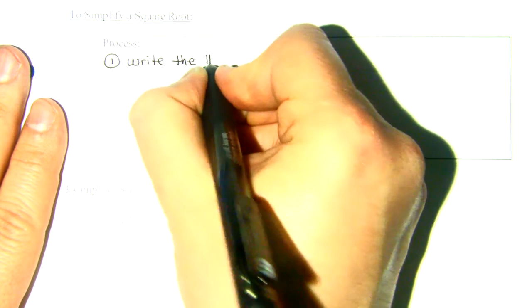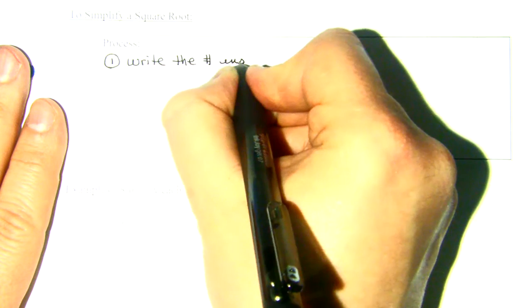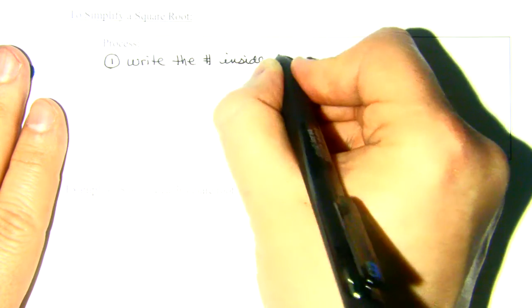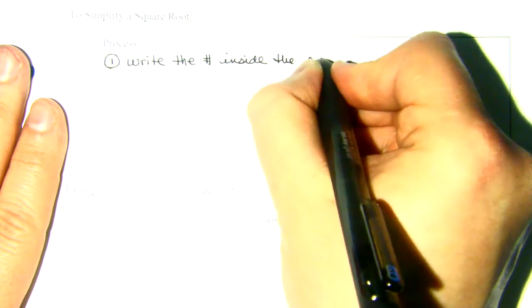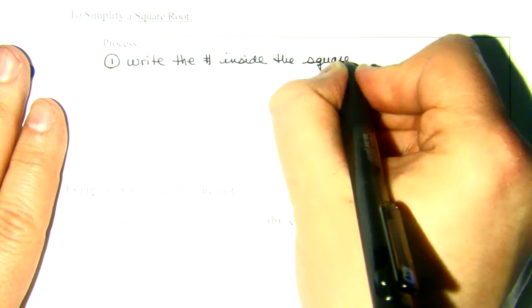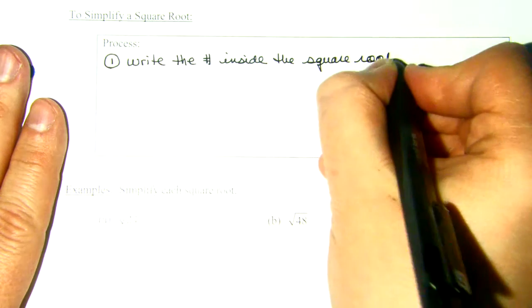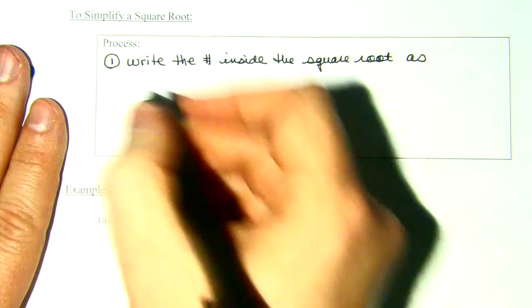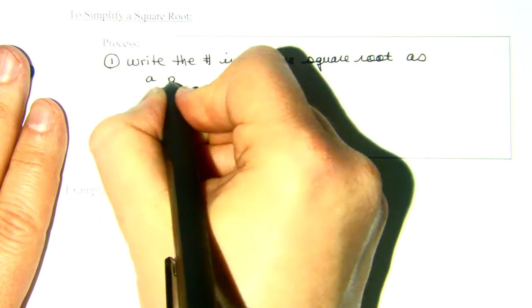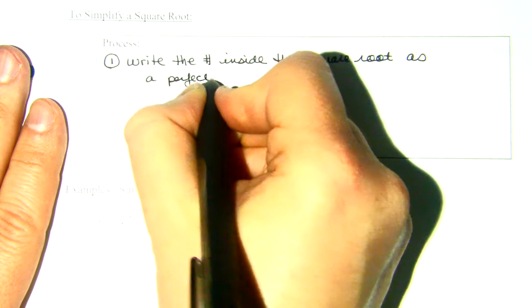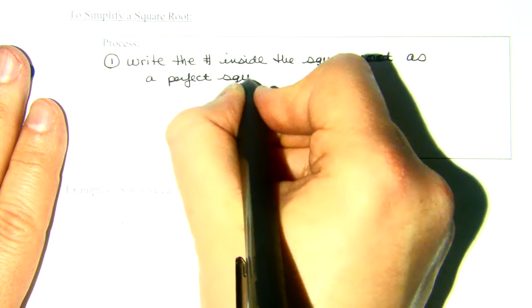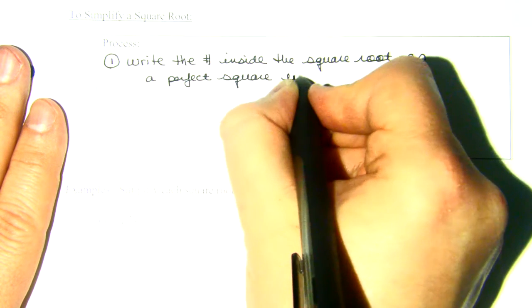Step number 1, write the number inside the square root as a perfect square, one of the numbers on the list that I just created, times the leftovers.